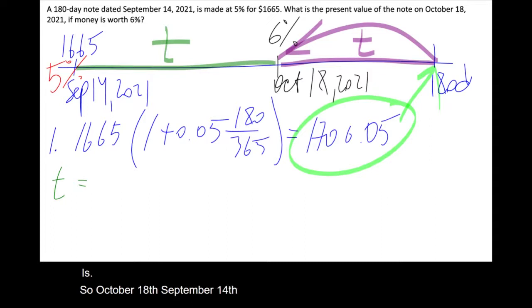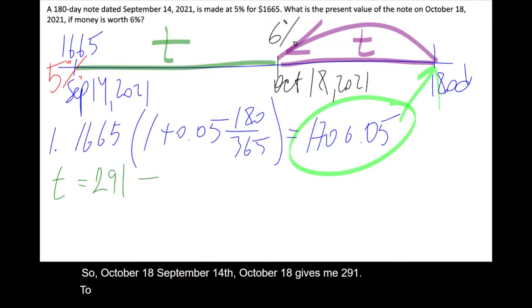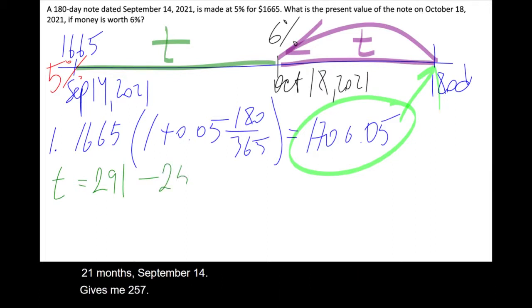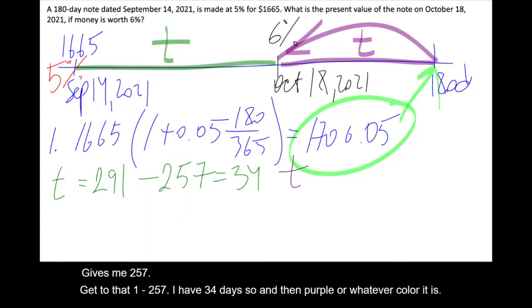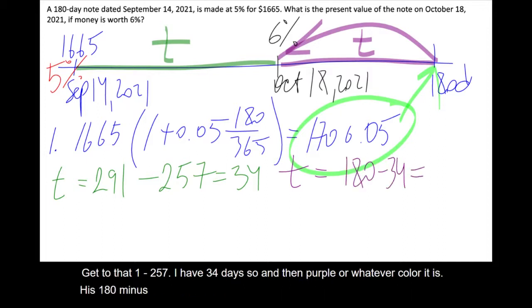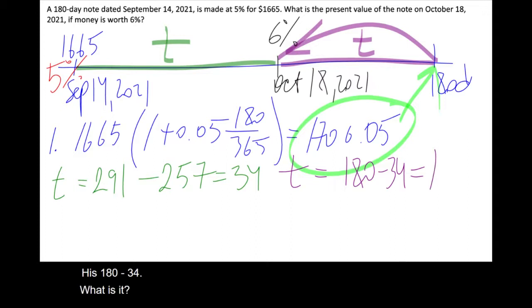October 18 gives me 291. 291 minus September 14 gives me 257. Okay, 291 minus 257, I have 34 days. And then for the purple, or whatever color it is, T is 180 minus 34. What is it? It's 146.